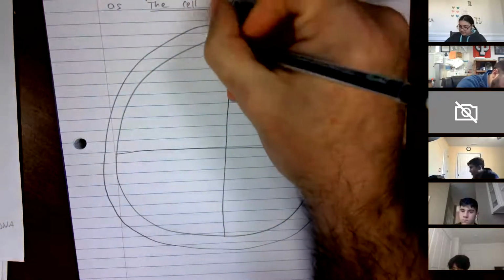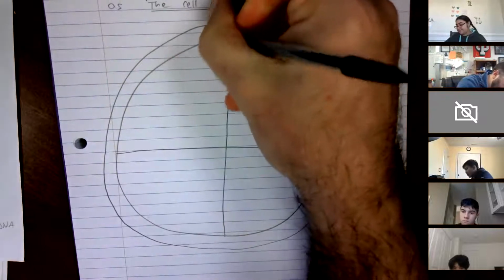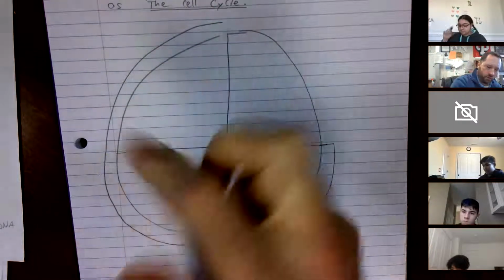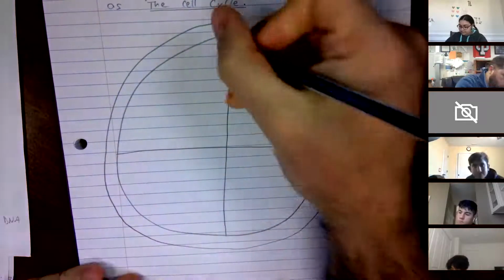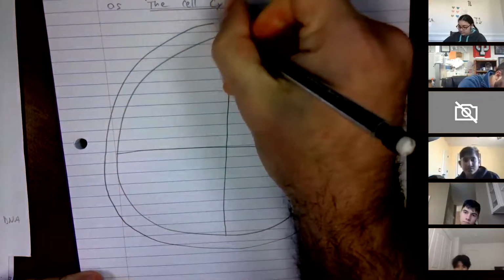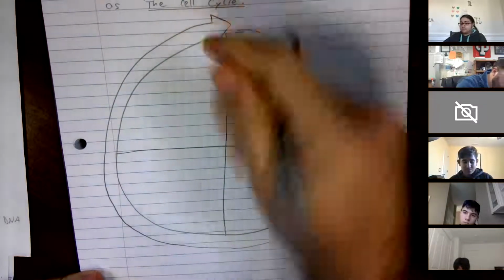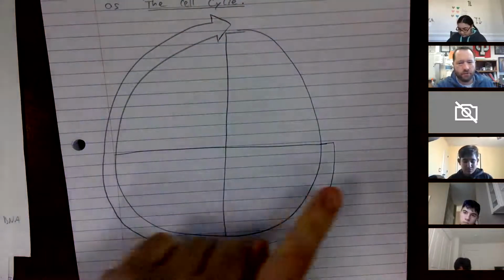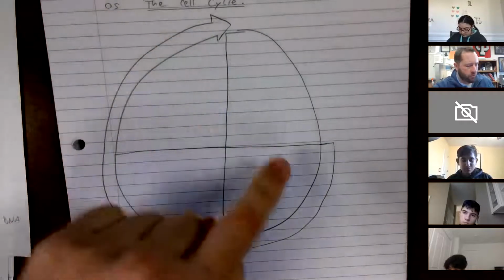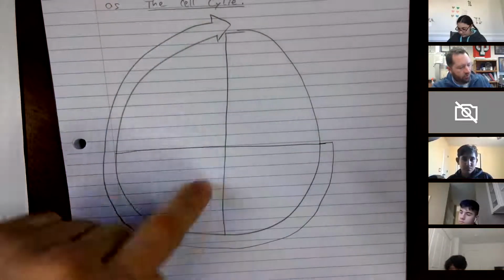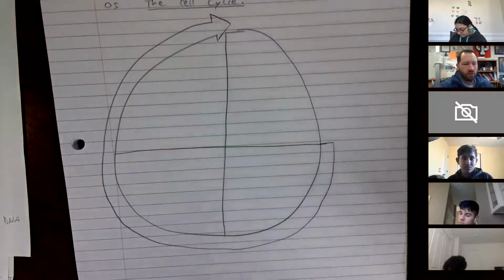But not all the way around. In fact, when I get up top here, I'm going to do a little trick. Hopefully you guys are using pencil, not pen. Erase a little bit and turn it into an arrow. So the arrow covers 3/4 of our circle, 3/4 of our cell cycle.